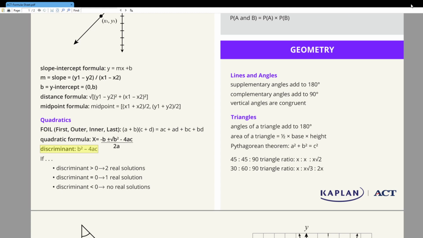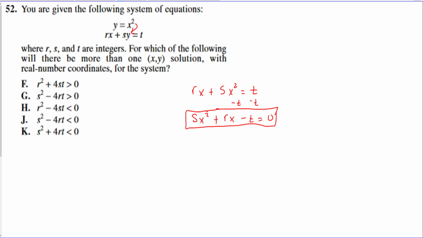So if I pull this information back to my problem, okay, I'm going to calculate the discriminant, b squared minus 4ac. And I would like that to be greater than 0. And I want it to be greater than 0 because that was the one that gave me more than one solution, which is, in this case, exactly 2. Okay, so if I plug in these 3 values, this is kind of my a value, my b value, and my c value.